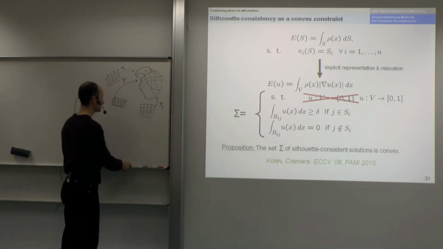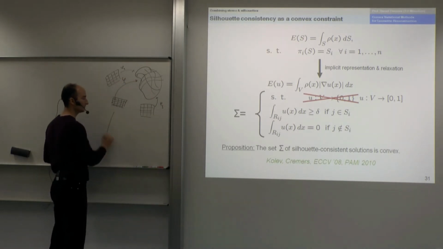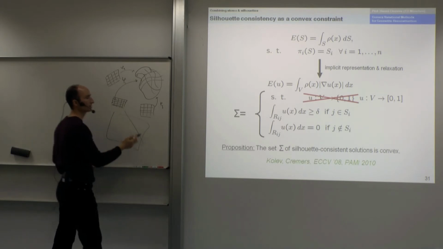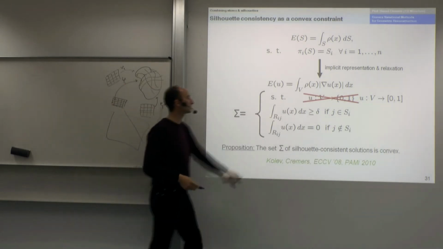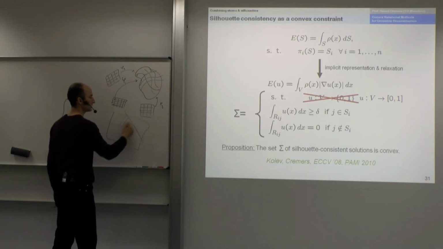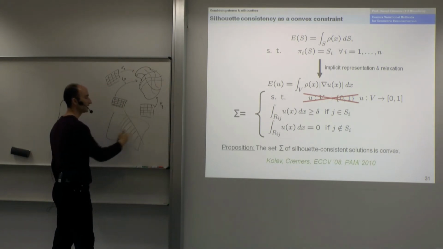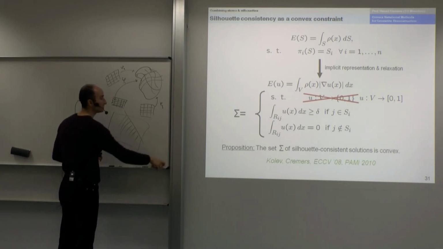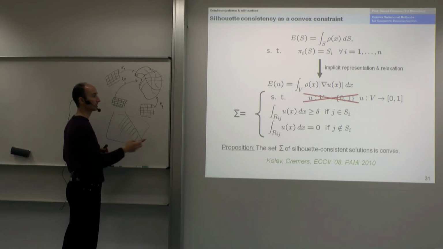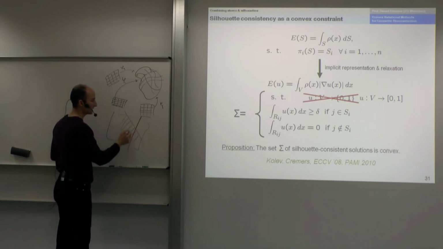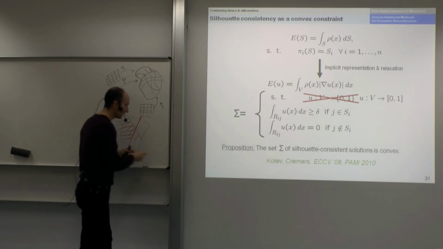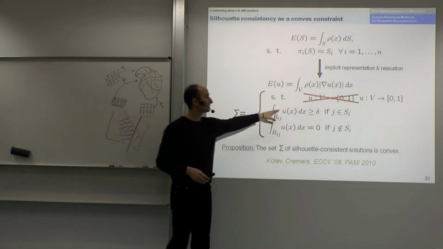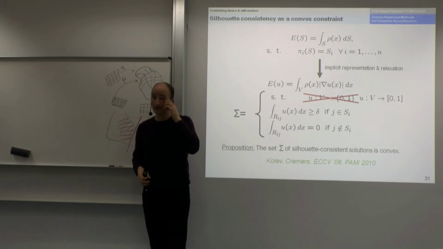Linear essentially means that in your space of u functions, you have a set of linear constraints. For example, these inequality constraints essentially mean that you have some hyperplane here, and you say the feasible solutions are on this side of the hyperplane. And then you have another such constraint for another pixel or another image, and that essentially reduces the domain of solutions to those that are silhouette consistent.